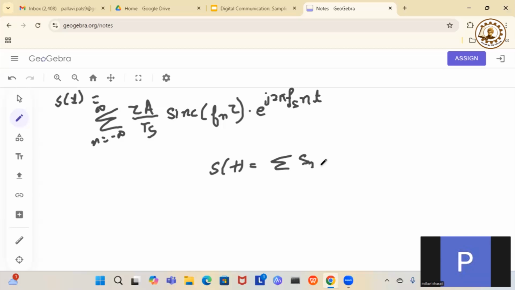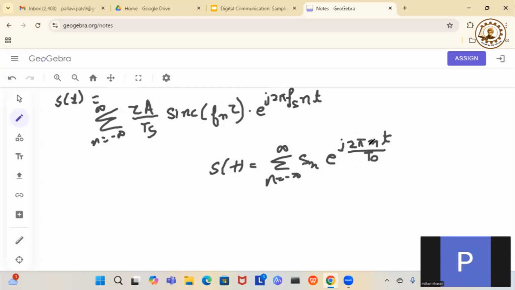So it can be represented like this, e to the power j 2 pi n t by T naught, and this n is changing from minus infinity to infinity. So 2 pi by T naught is what? f_s, right?